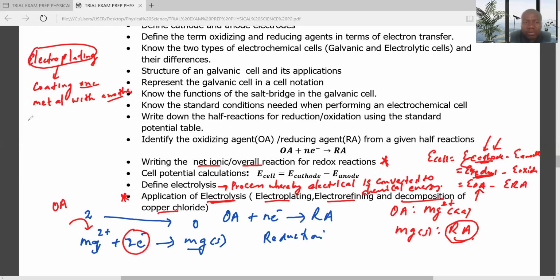And what could be the possible reasons for coating? It might be to protect the metal from rust, or to give the metal a shiny appearance.